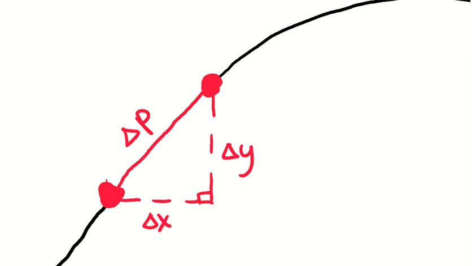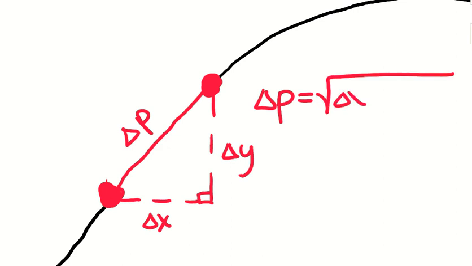As delta x gets towards 0, then delta y over delta x becomes dy/dx, if we're just on the trajectory that the curve is going. But I'll get to that in a second. One thing that we know is true about this small right triangle is that delta p is the square root of delta x squared plus delta y squared.